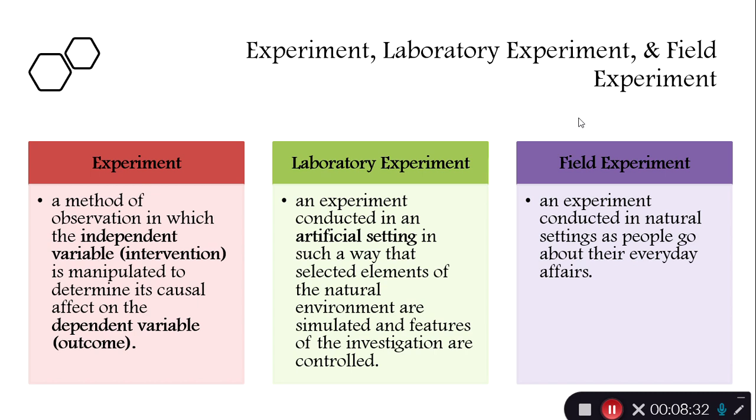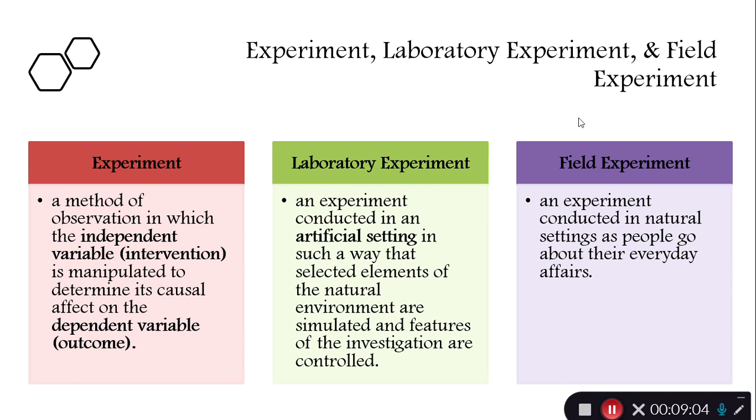Our idea of an independent variable in experimental research is a bit different than in non-experimental research. Within experimental research, when we use the term independent variable, what we're really talking about is the intervention itself. And when we use the term dependent variable, what we're talking about is the client outcome that we are seeking to change as a result of exposure to the intervention.